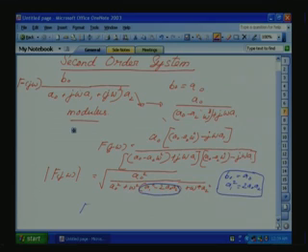So the modulus of F(j omega) optimum is equal to the root of 1 by 1 plus omega raised to 4 A2 by A0 square.